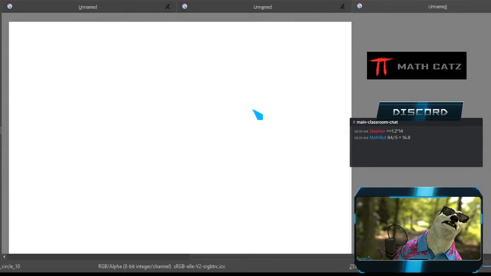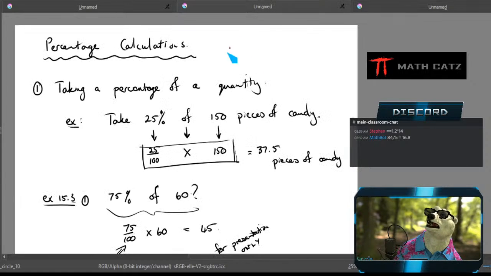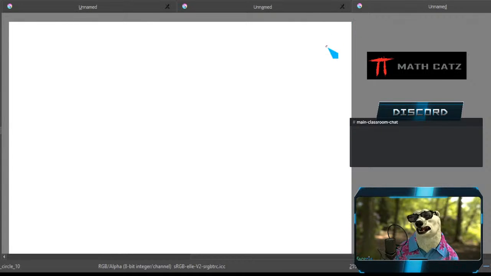So I have this baseline. If it's below 100, then I get less. If it's above 100%, then I'm going to get, for some reason, more than the quantity. It's important to realize that.